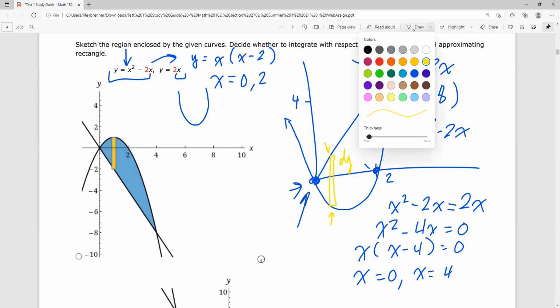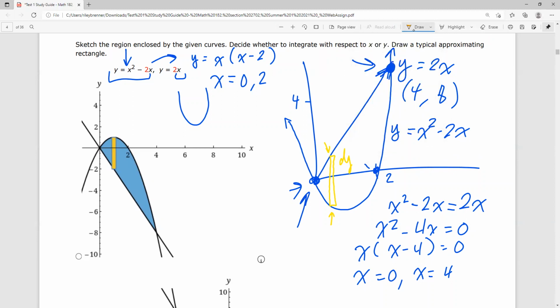Let's look at an example of what it would be if we looked at it horizontally, right? Because you might argue, well, if we look at it horizontally, like this, for example, there's technically only one top function and one bottom function, right? So that still works. But what if we go right here? If we go with respect to x right here, the top function and the bottom function are the same function, right?